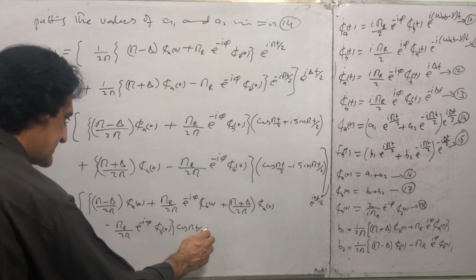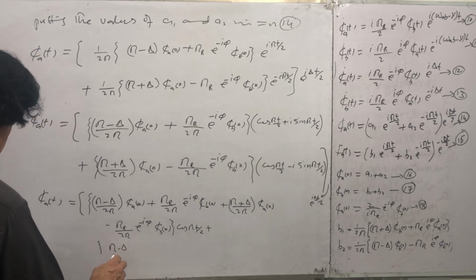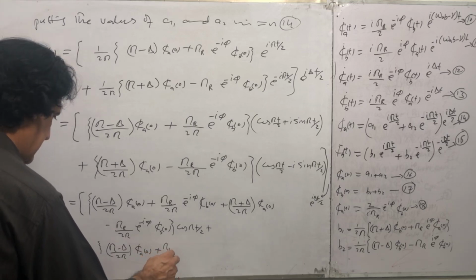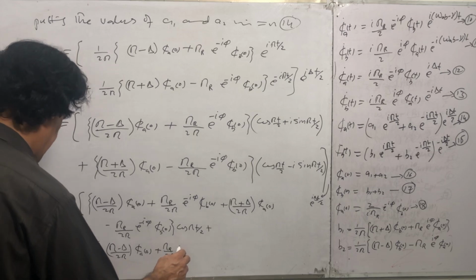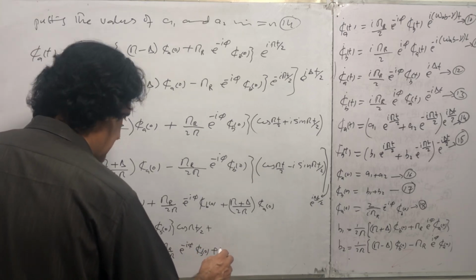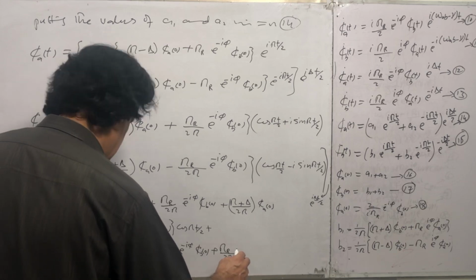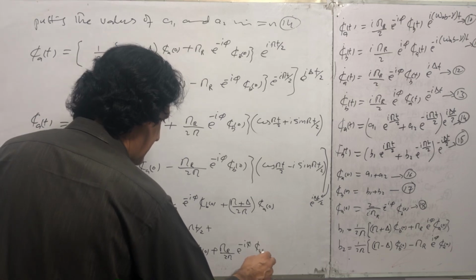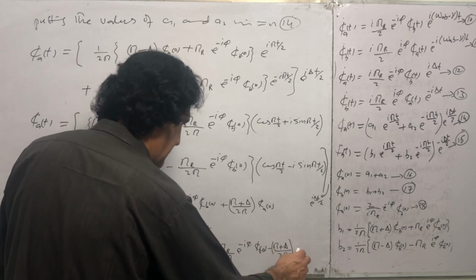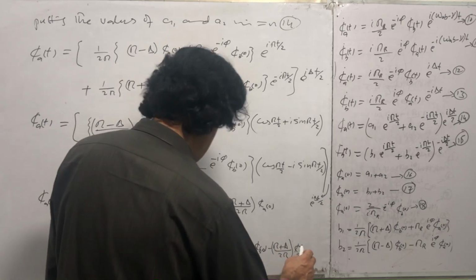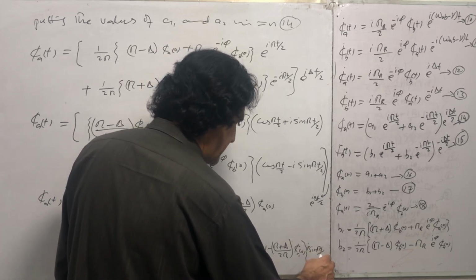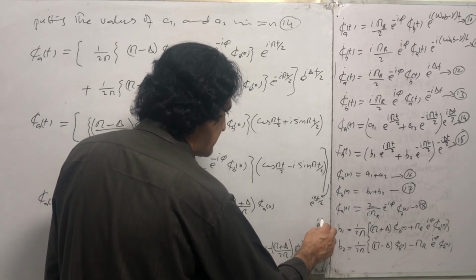Then we have the plus omega minus delta divided by 2 omega and Ca of 0 plus omega r divided by 2 omega e to the power minus iota phi Cb of 0 plus omega r divided by 2 omega and e to the power minus iota phi Cb of 0 minus omega plus delta divided by 2 omega and Ca of 0, and here we have a common iota sine omega t divided by 2, and also we have e to the power iota delta t divided by 2.